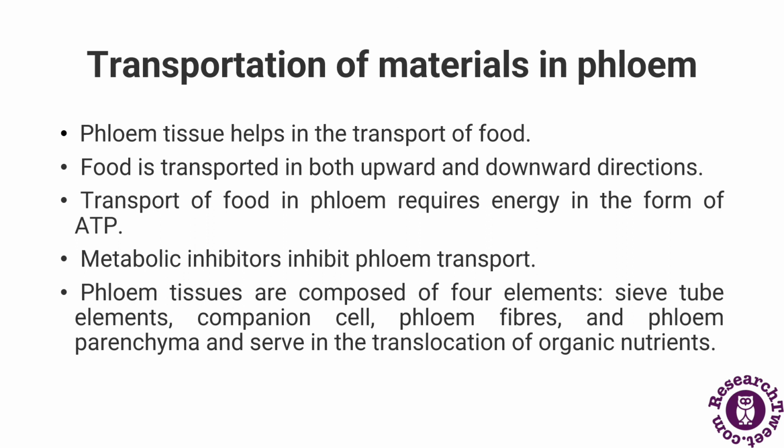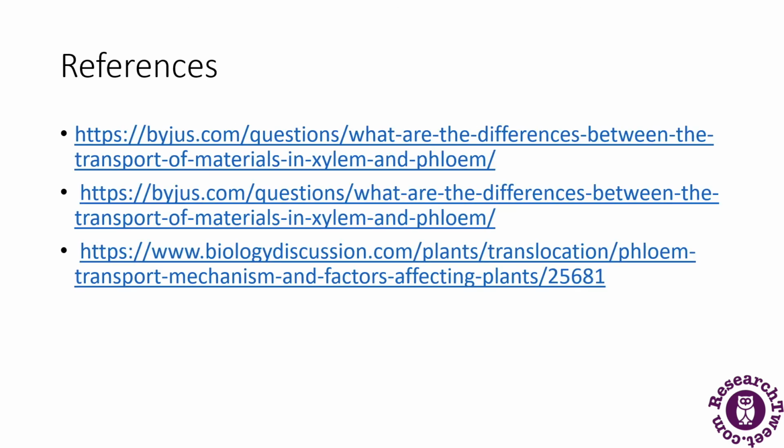The transportation of food requires energy in the form of ATP. Metabolic inhibitors inhibit phloem transport, and the phloem has four elements, all discussed in the previous slides. So these are all the references.